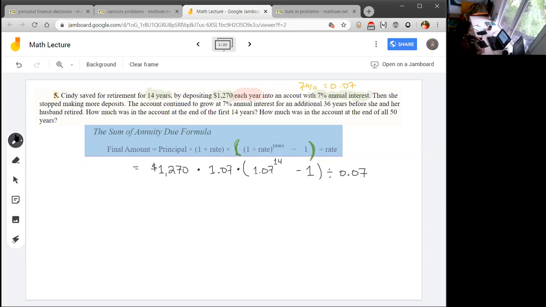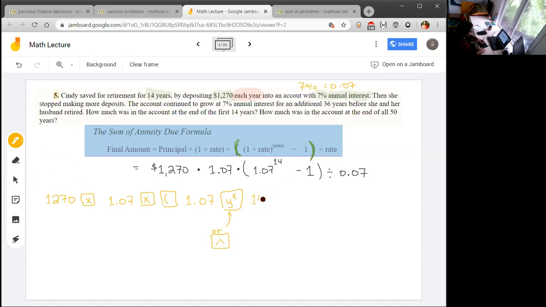Since I have more room on this slide, I am going to go ahead and write out what I would put in my calculator. So I would put 1270, then I would hit the multiply key, 1.07, then I would multiply, then I would start my parentheses, then I would do 1.07, then I have a key that either looks like y to the x, or it might look like the caret symbol, kind of like a mountain.